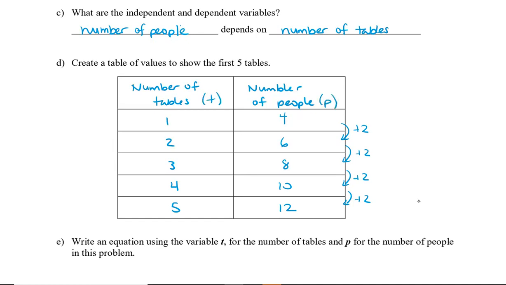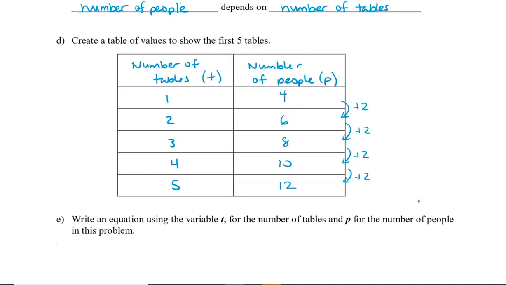All right, so if you recall, I had recommended that we first take a look at what our constant number that is being added, and we can see that is always going to be 2. So we can say that the number of people, p, is equal to 2 times t. So we increase by 2 each time. However, when I go back and notice that I keep on increasing by 1, if I go back 1 and I subtract 1, I get 0 tables.